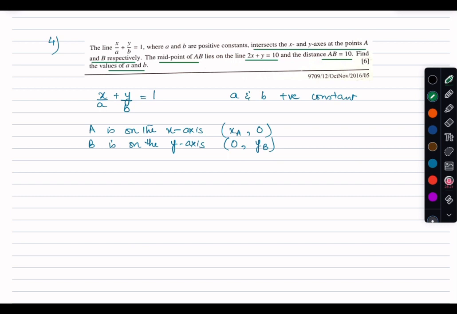So these are the pieces of information with the help of which we are supposed to get the values of a and b. So the first thing here is to get the coordinates of A and B. We know A lies on the x-axis and also x by a plus y by b equals 1.